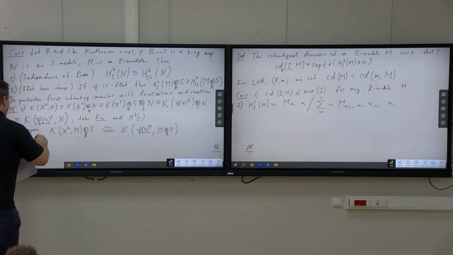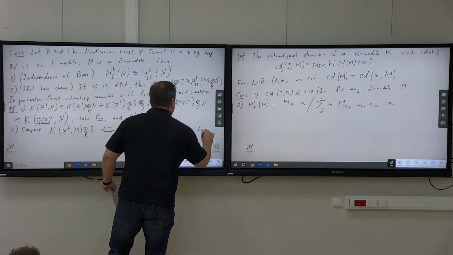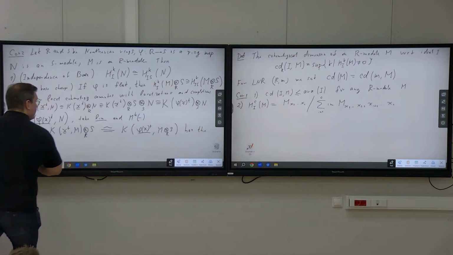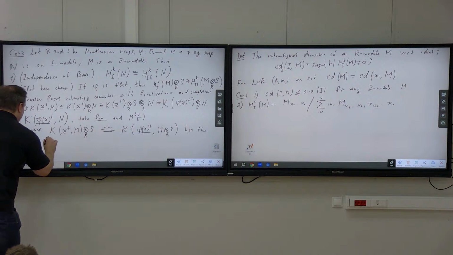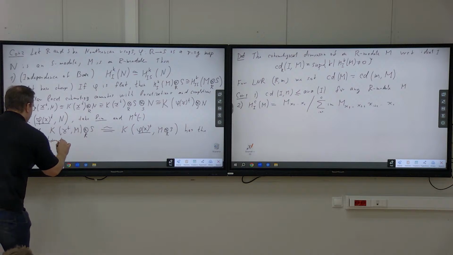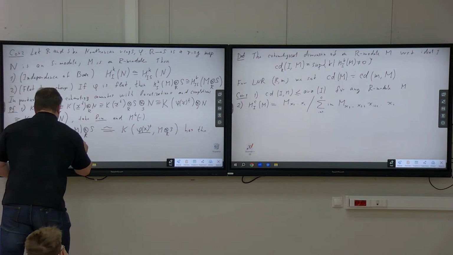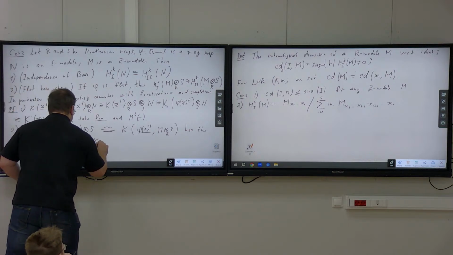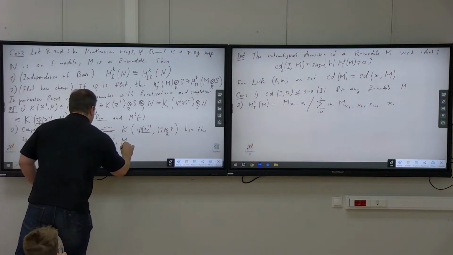This complex has the same cohomology as complex k x t m.